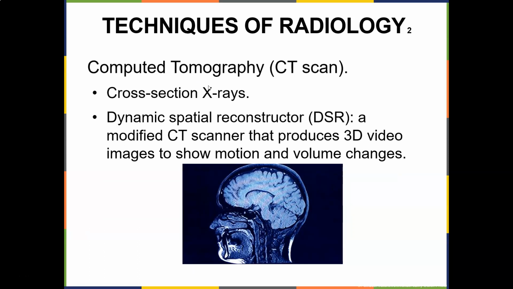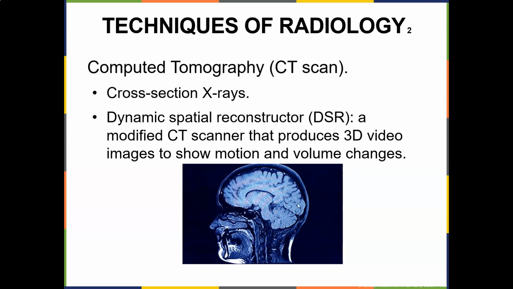Well, a CT scan is computed tomography, which is cross-section of x-rays. Dynamic Spatial Reconstructor, DSR, a modified CT scanner that produces 3D video images to show motion and volume changes. So these are great for detecting cancer.